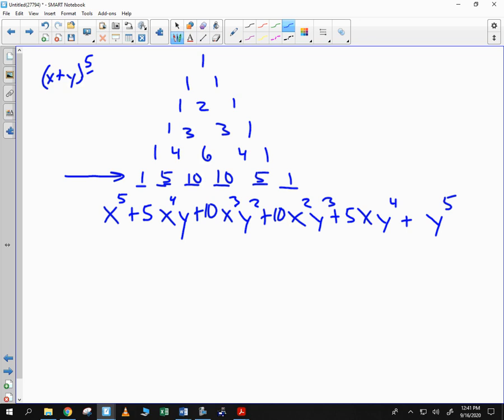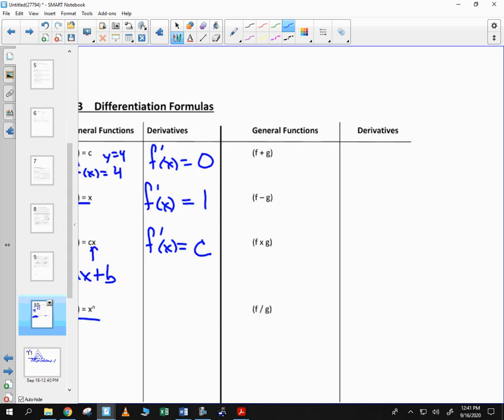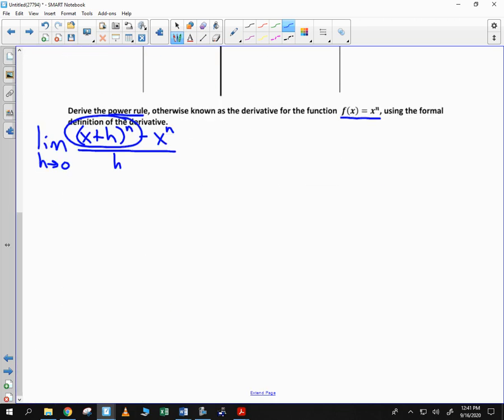We're going to do the same thing in this situation. We're not going to be able to expand it all the way because it's to the nth power. But what I want you to notice is, again, 5 is this exponent, and 5 is this coefficient there. So that's really important to keep in mind as we look at this expansion. We have the limit as h goes to 0 of, we'll start out with an x to the nth, and then we'll get an x to the n minus 1, and we'll pick up an h.